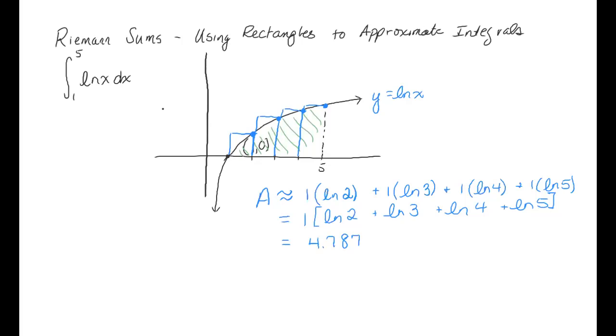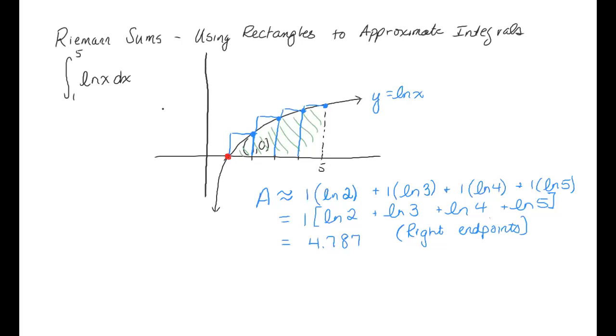Now that's sort of interesting that you did the 1 also. So that was with right hand endpoints. I just did it by accident. I didn't mean to type it in my calculator. Understood. Okay. We did that one with right endpoints. If we had used left endpoints, it would have looked like this.